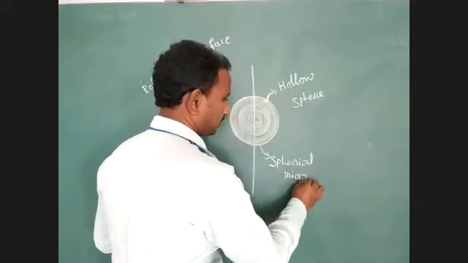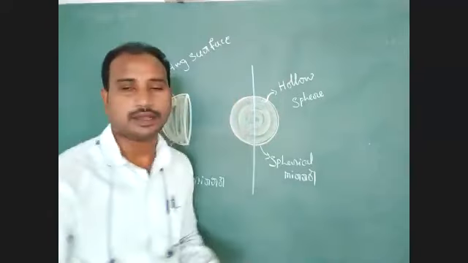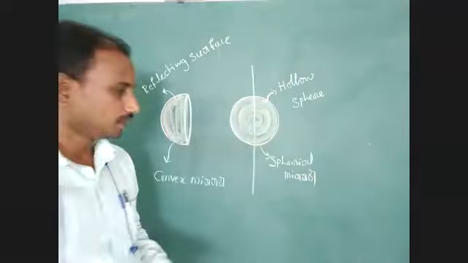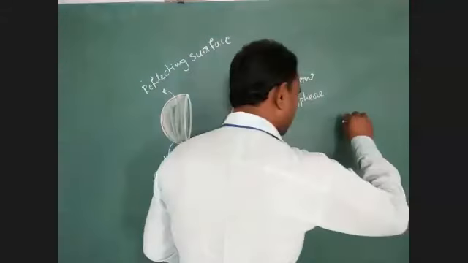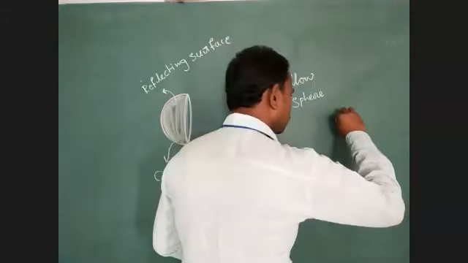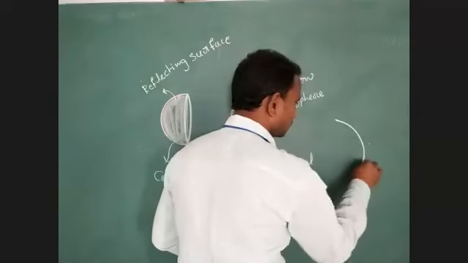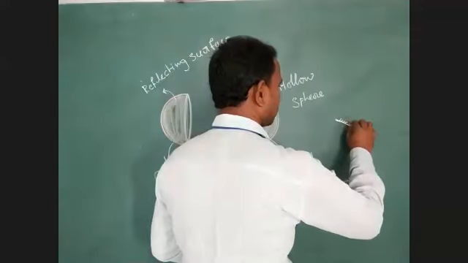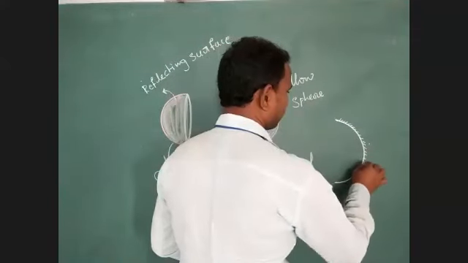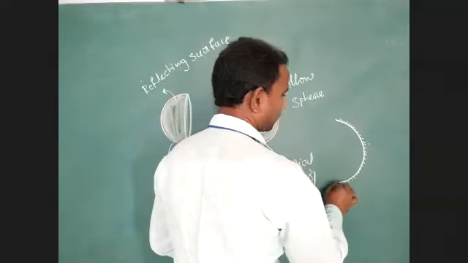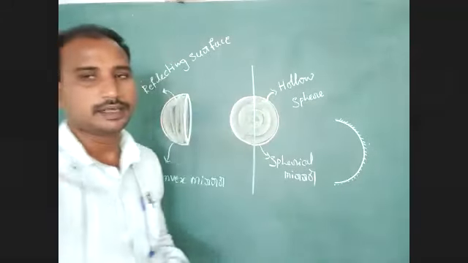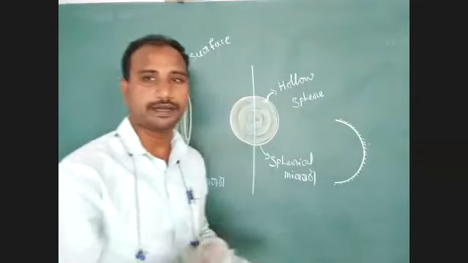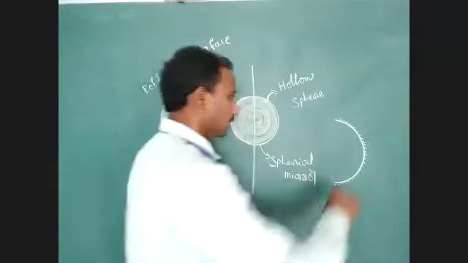Next, we have to imagine the next spherical mirror. What is that next spherical mirror here? Here we have to imagine this mirror. The outside part is coated with silver, so it is opaque. Then the inside part acts like a reflecting surface.